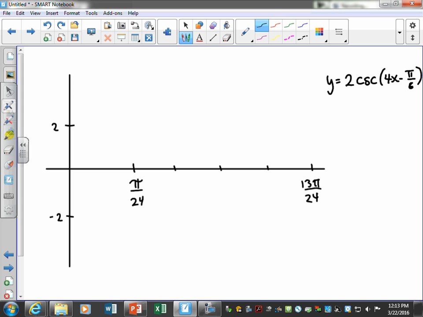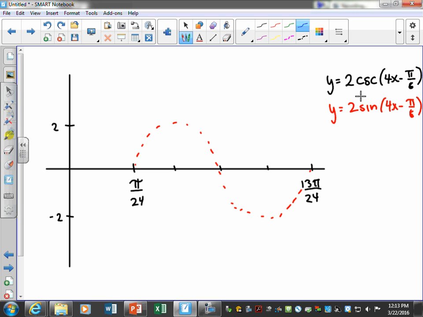This is what we want the graph of, but we are using y equals sine of this function to help us plot that. Now we know a parent graph for a sine function looks like this. Right? Okay. Well, that's all we need to be able to do that.